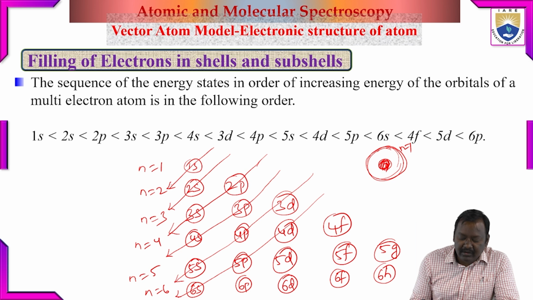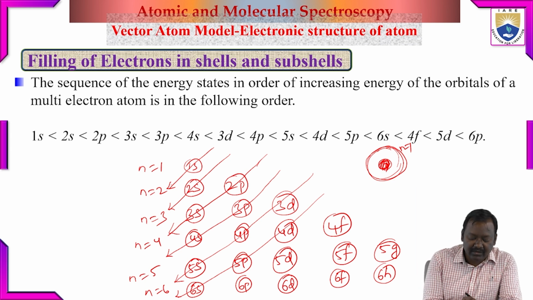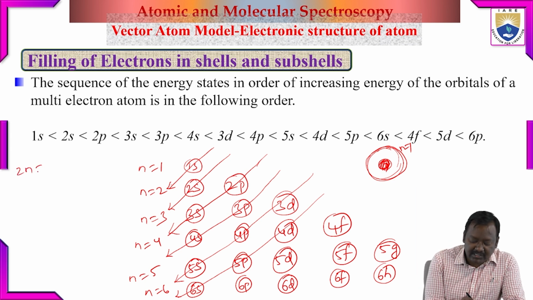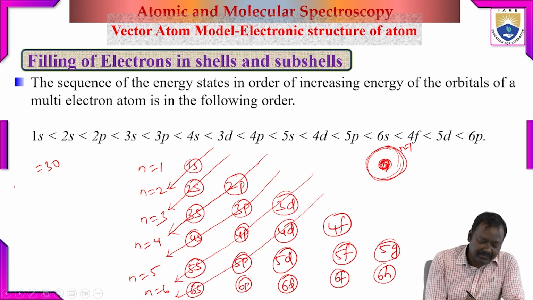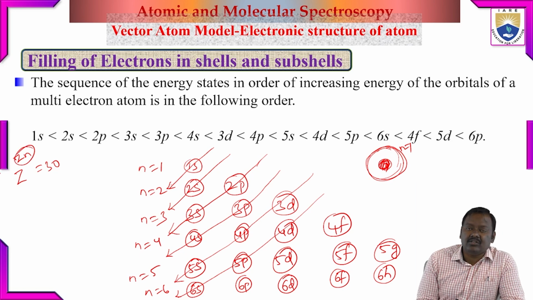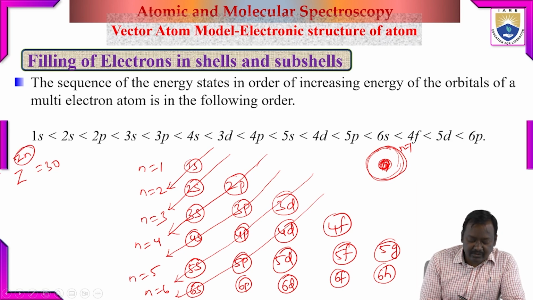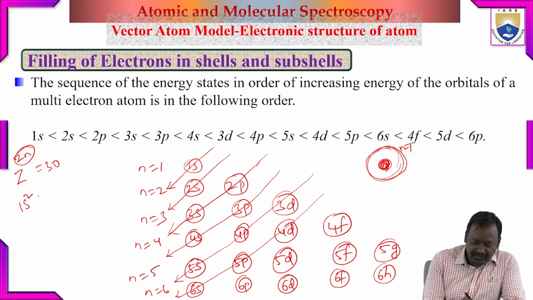For example, if we need to fill the electrons in the zinc atom, the atomic number Z of zinc is 30. So the electronic configuration would be like this: 1s2, 2s2, 2p6, 3s2, 3p6.